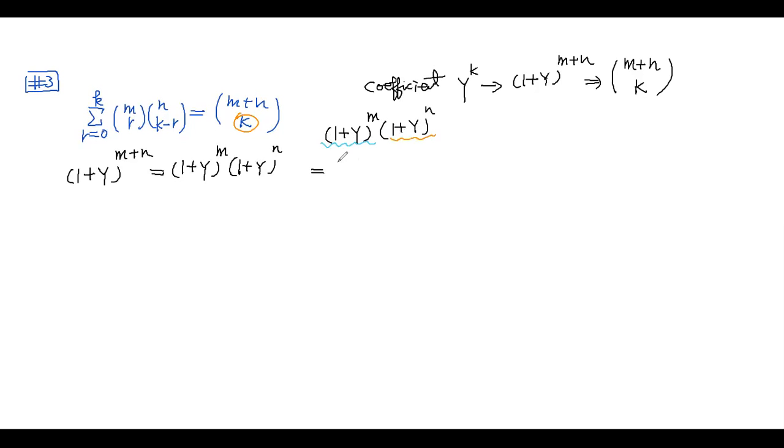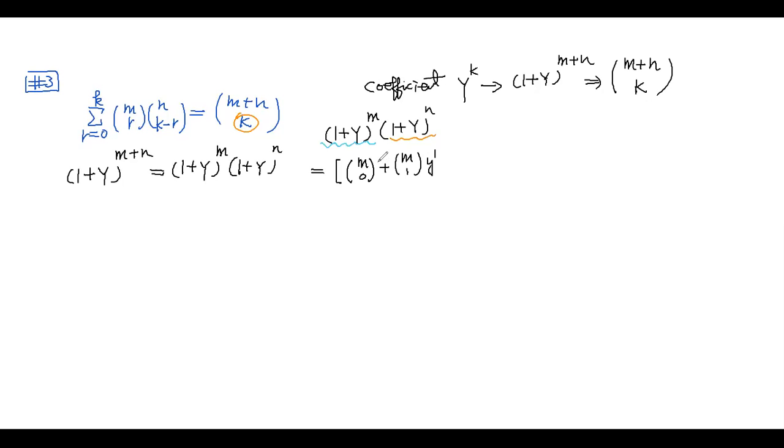Okay, so (1 + y) to the n power, right? So by using combinations, I have C(n, 0) times y to the 0 power plus C(n, 1) times y to the first power, because the x here is 1. So that's why I choose x equal to 1.